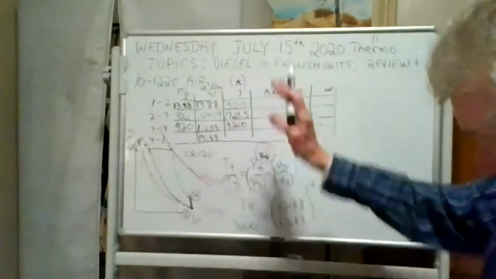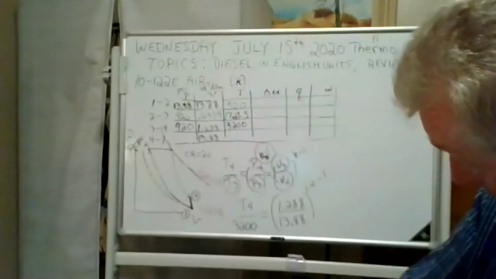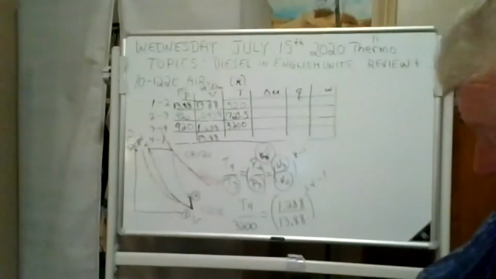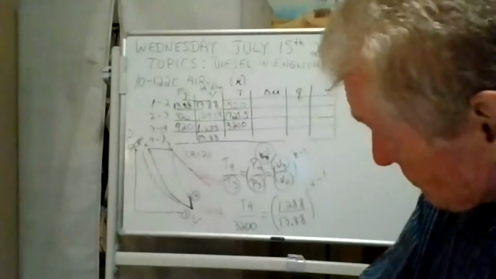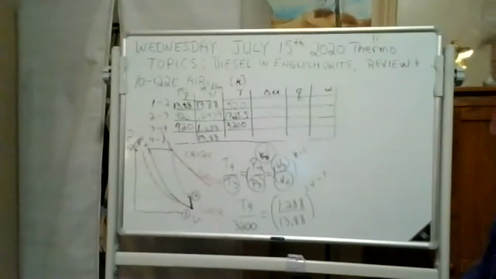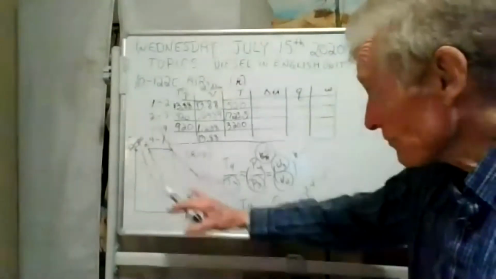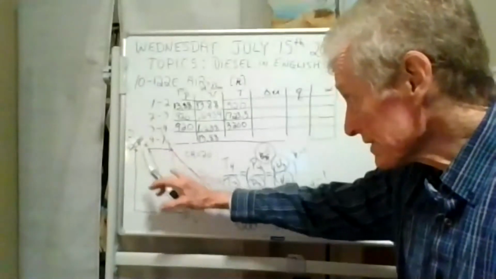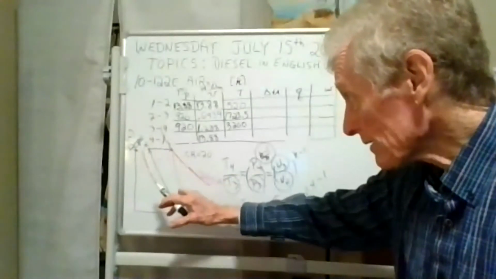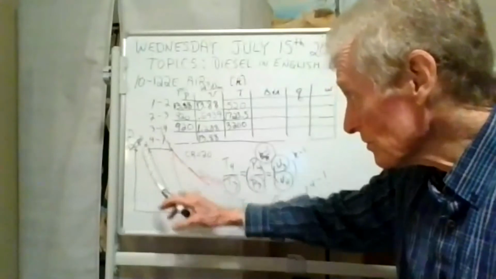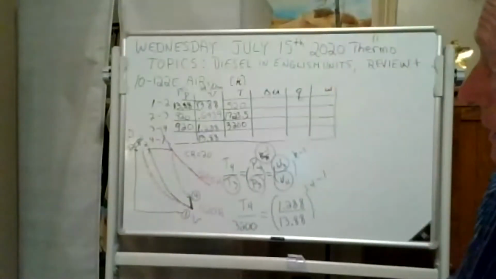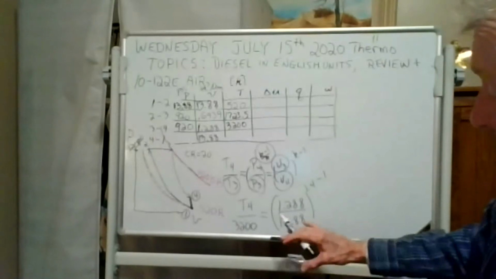But we have an ideal gas. We have air. We can treat air at these temperatures as an ideal gas. And going from 3 to 4 is an isentropic process. It's a reversible adiabatic. We're doing the ideal diesel cycle. Well, I got an answer.